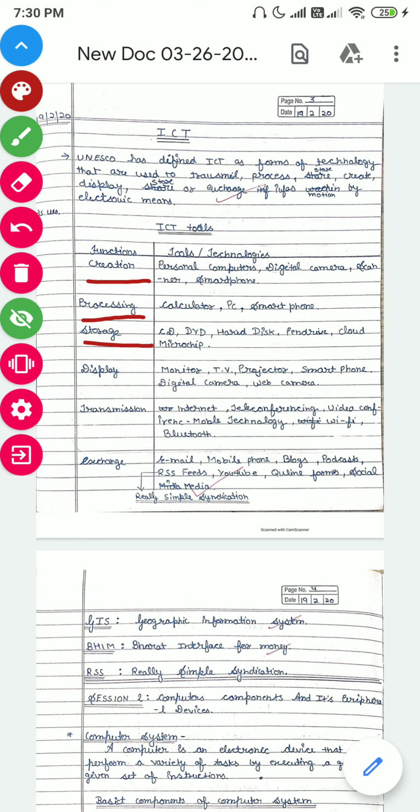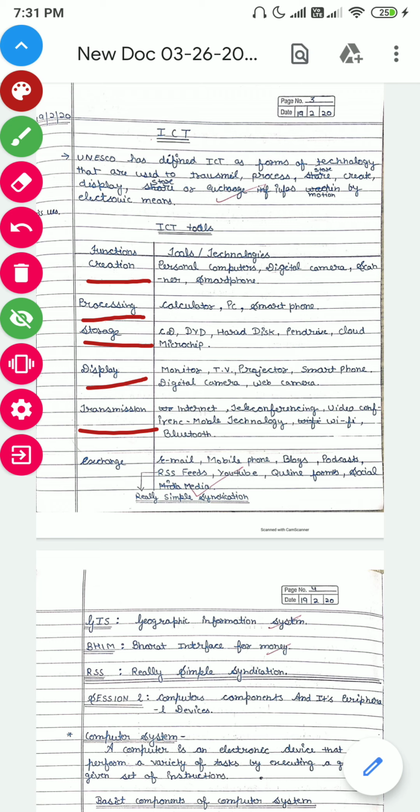For storage, we are using storage devices like CD, DVD, hard disk, pen drive, and cloud storage. All these are part of ICT technology. For display, we are using monitors, television, projectors, smartphones. For transmission, we are using internet, video conferencing, teleconferencing, Wi-Fi, Bluetooth.